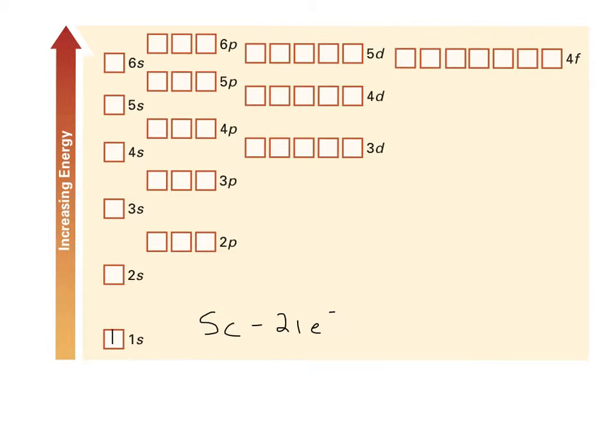Okay, so 1, 2, 3, 4, 5, 6, 7, 8, 9, 10, 11, 12, 13, 14, 15, 16, 17, 18, 19, 20, and then 21. So the way I filled was 1s2, 2s2, 2p6, 3s2, 3p6, 4s2, 3d1.